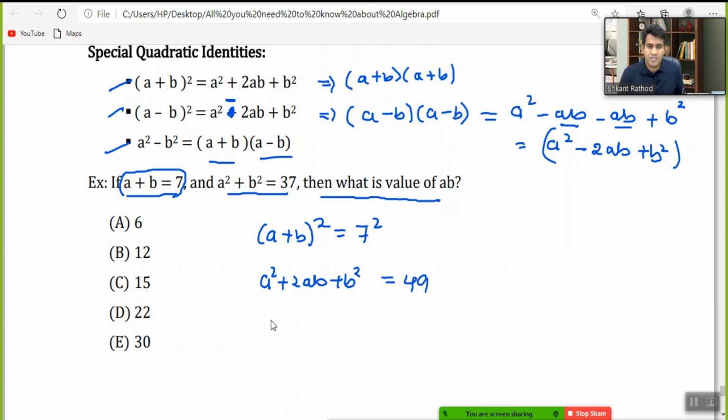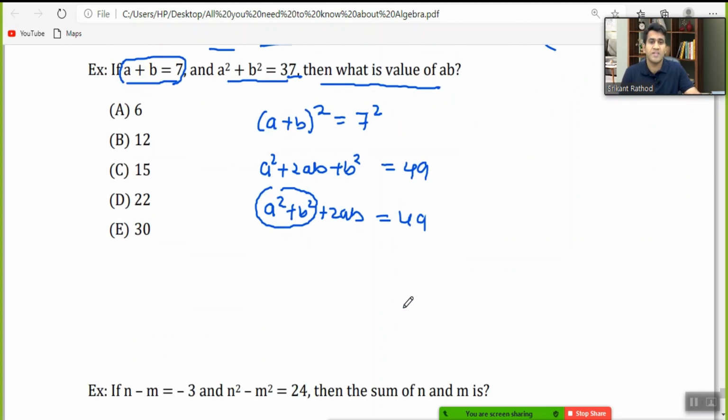Alright, so this can further be written as a square plus b square plus 2ab equals 49. So what is the value of a square plus b square they have given to us? It's 37. So I can replace a square plus b square with 37, and then I can say 37 plus 2ab is equal to 49.